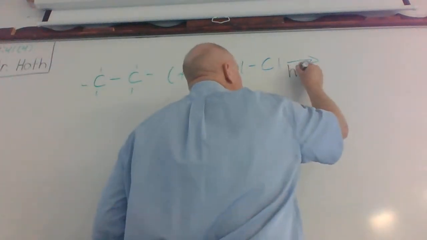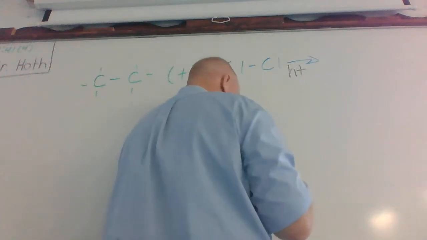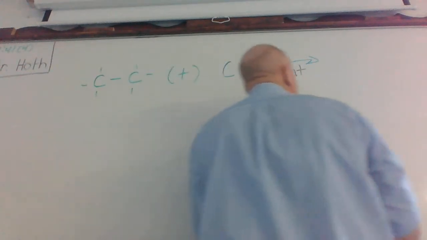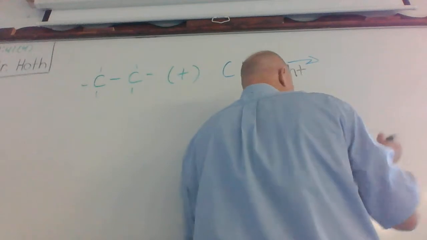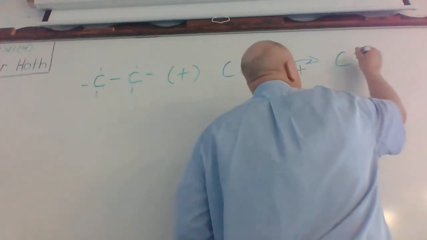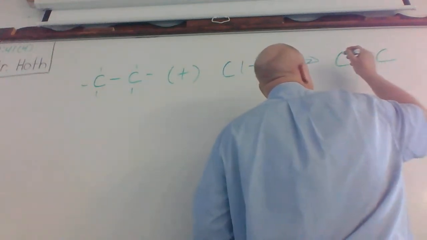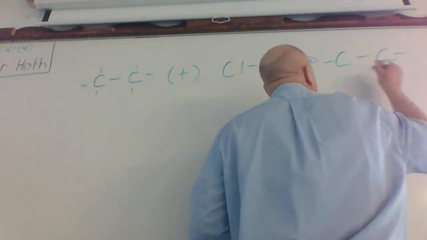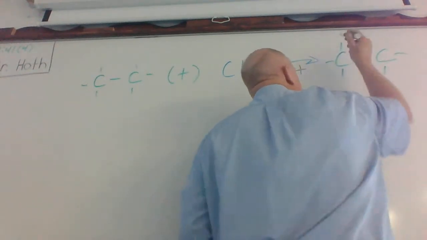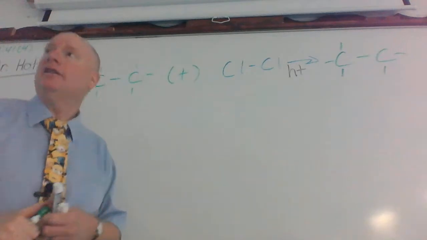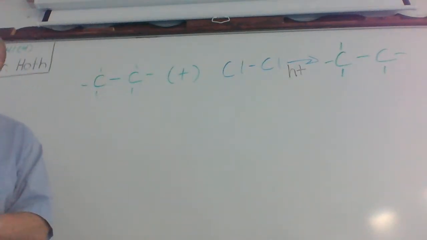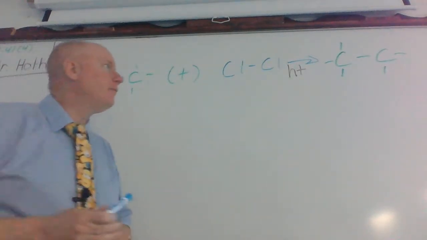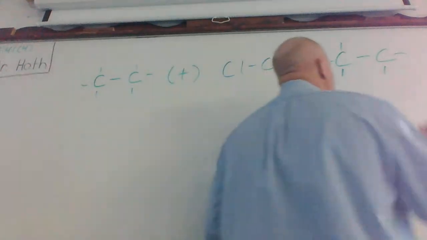So let's keep it as heat. And then what we see happening because of that is these two are still there, and then that last bond is going to be what? We're going to put a chlorine on here.